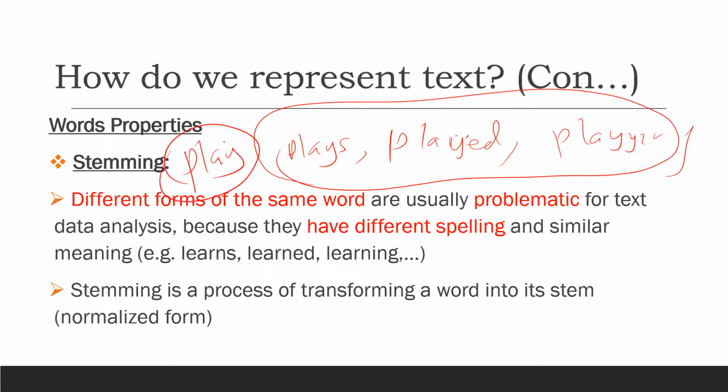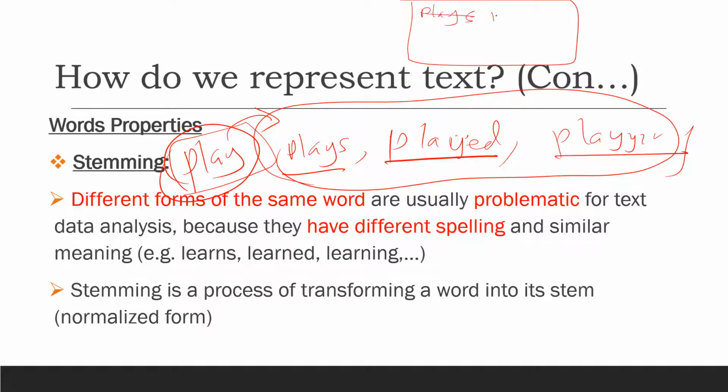This is the normal form of these. Rather than saying this is one form, this is another form, this is another form, we use the normalized form called play. So whenever you have a document, whenever it has place, we replace this place with play. Whenever we find plate, we replace it with play.